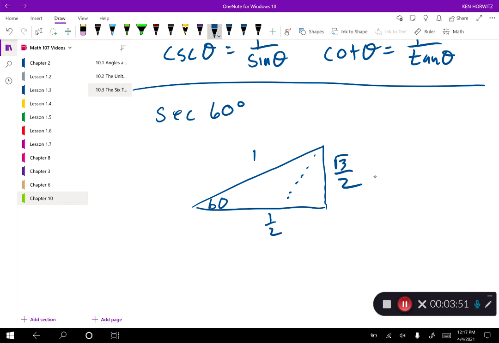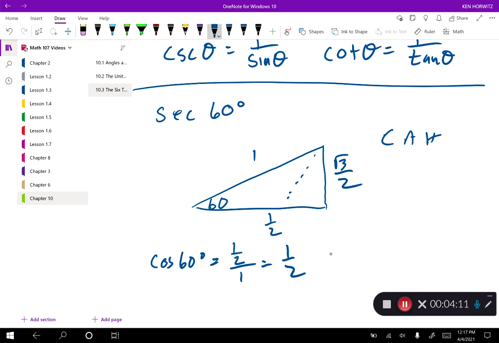All right, so the cosine of 60 degrees is the adjacent over the hypotenuse. Cosine is adjacent over hypotenuse. So the adjacent is 1/2 divided by 1, which is 1/2.